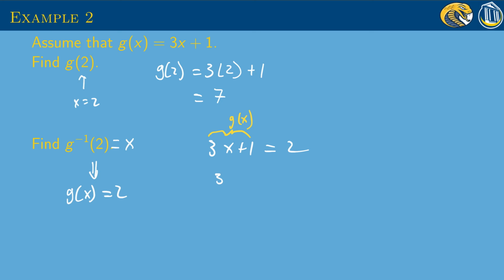We could subtract 1 from both sides, getting us 3x equals 1, or x equals 1/3. In this case, we could be very clear and write g inverse of 2 equals 1/3 because this is the same thing as g of 1/3 equals 2.